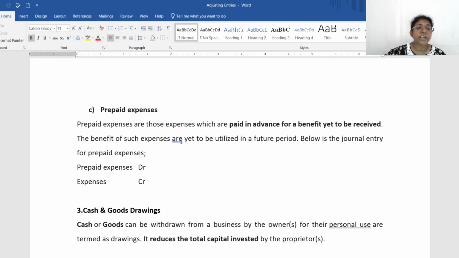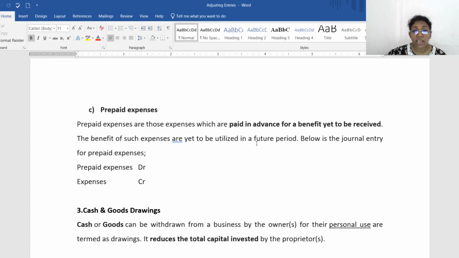So these prepayment expenses are payments which are paid in advance for the benefit yet to be received. Actually, it has not been received, but is yet to be received. The benefit of such expenses is recorded where? According to the current asset in the statement of financial position. So let's see what the double entry is. We are going to debit the prepaid expenses and credit the relevant expense.